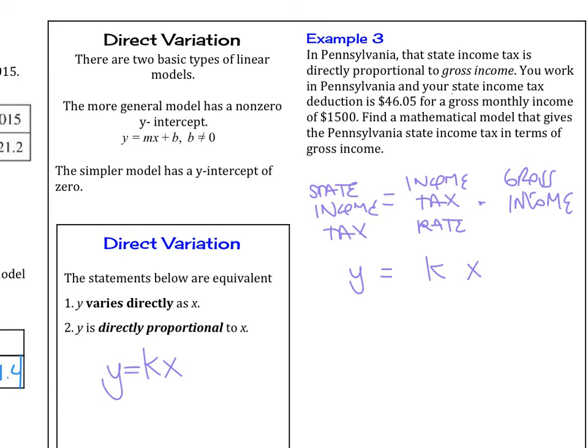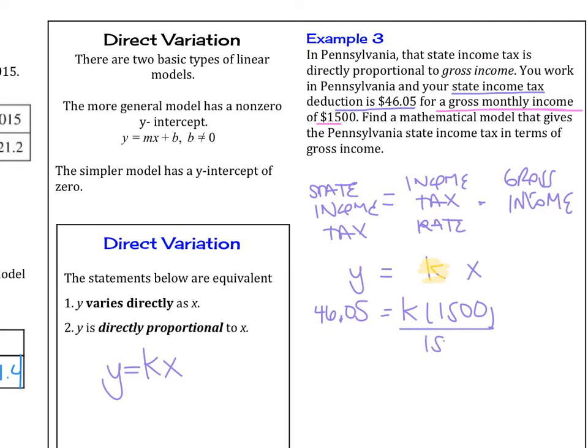So we're given your state income tax deduction is $46.05, and the gross monthly income is $1,500. So we plug this in. We really want to figure out what our k value is. To do that, we just plug in what we have. So y, the state income tax, that is 46.05 equals k times the gross income of $1,500.